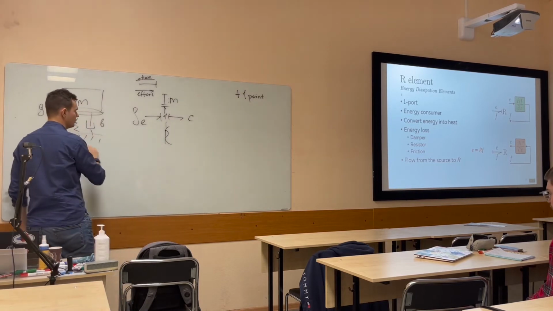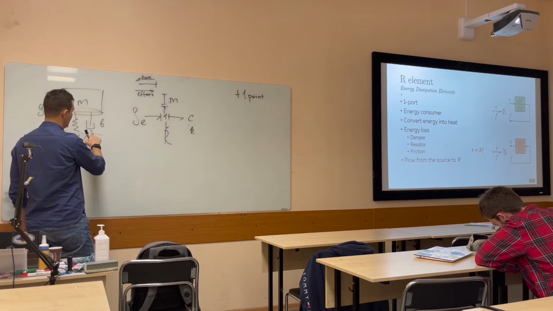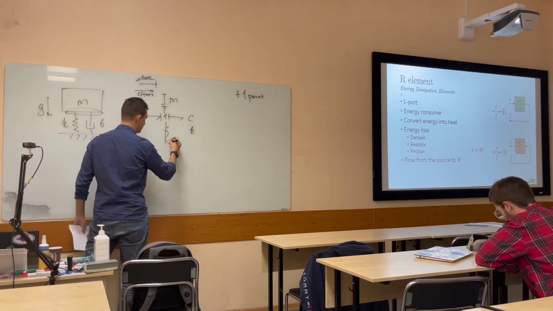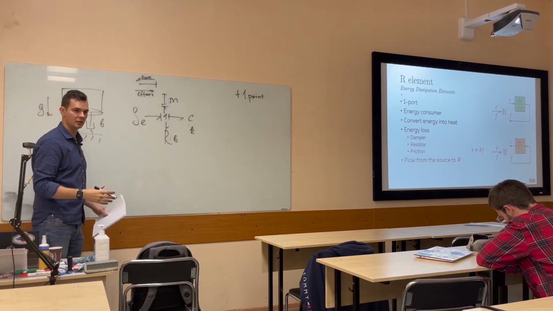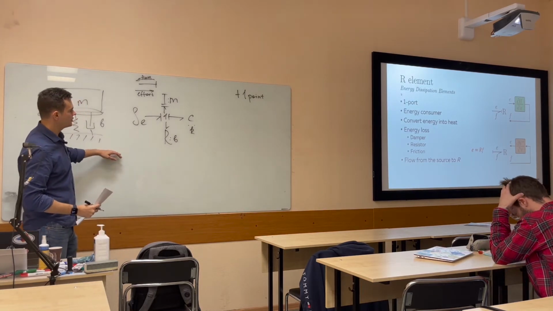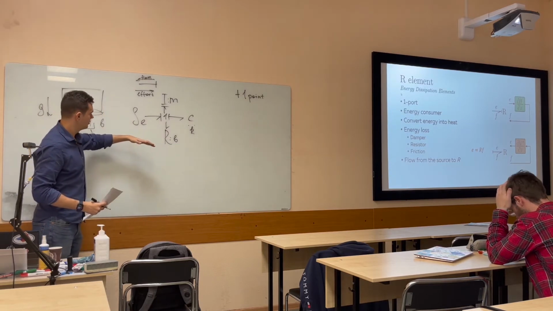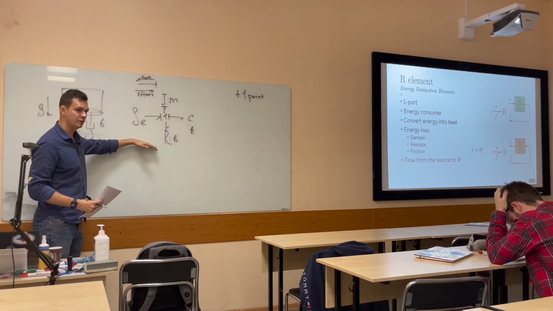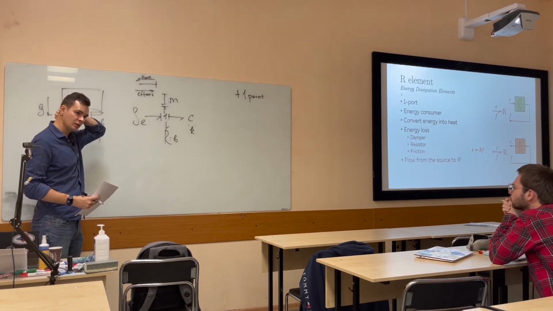We see spring, we put here C. We see damping, and we put here damper. So we didn't derive any equations yet. And now we are starting to derive an equation from this graph, so that we can make sure that it actually makes sense.